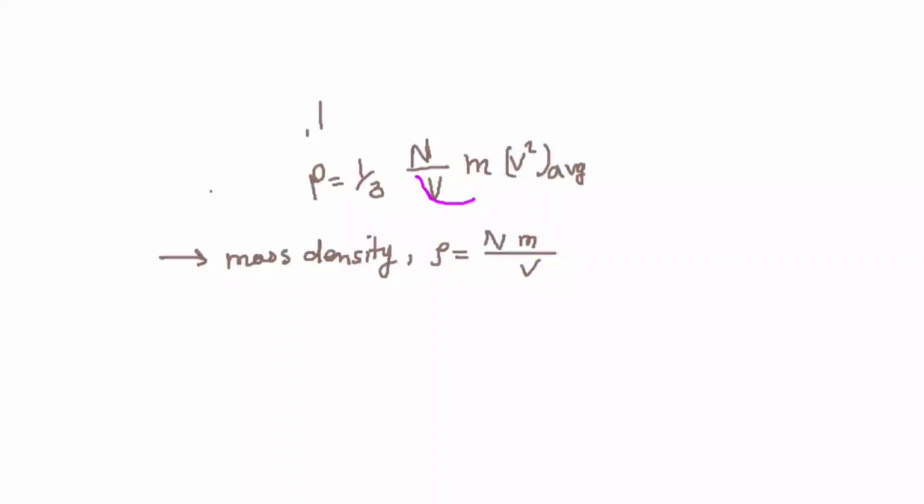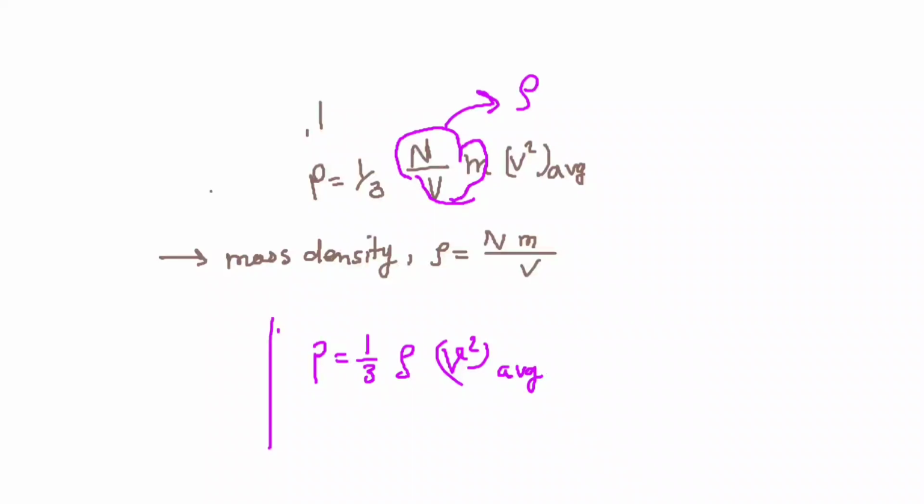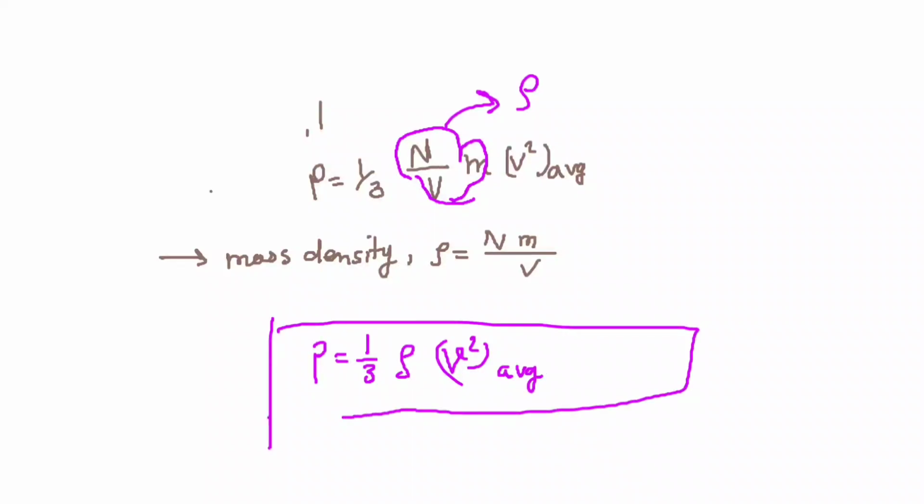So we can substitute this here. This term will become rho. So our formula becomes P equal to 1 by 3 rho V square average. So this is also a formula for pressure exerted by the gas.